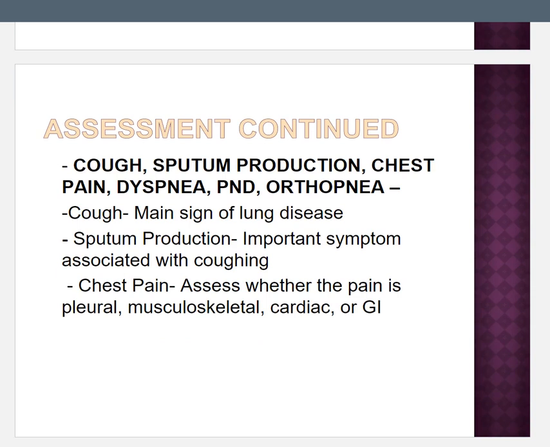We talked somewhat about this in class, the importance of really assessing a patient who has a cough, because a cough is not normal.